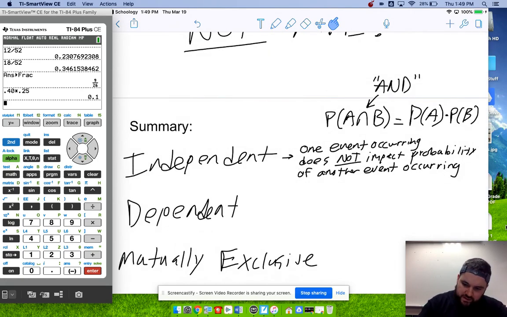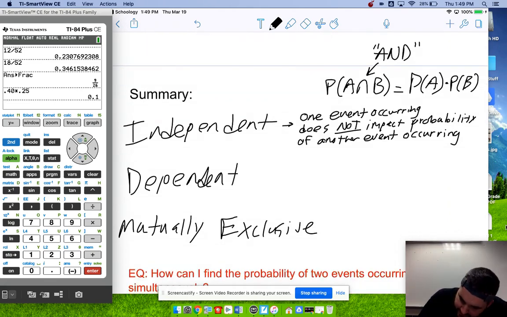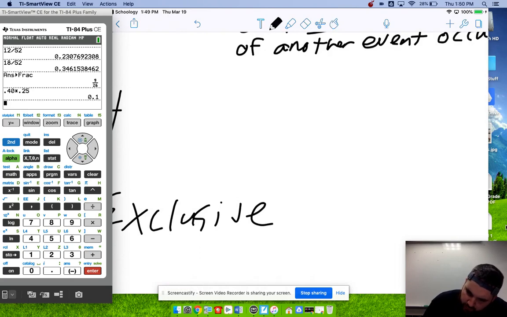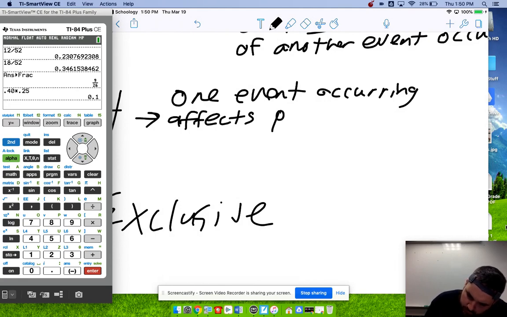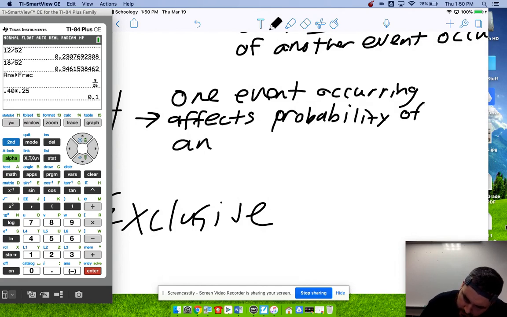Okay. Dependent is just the opposite of the independent definition, but I'll briefly put dependent is one event occurring affects the probability of another event.